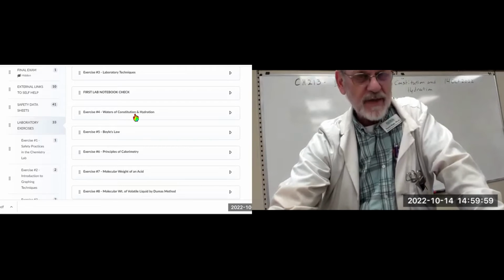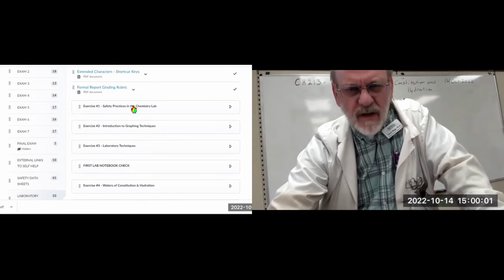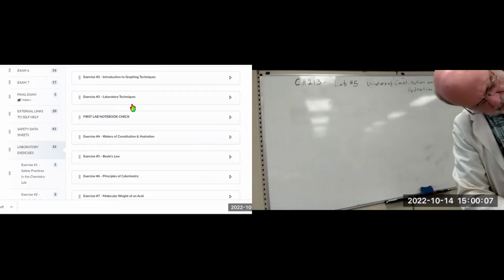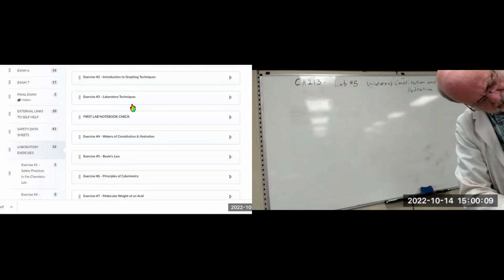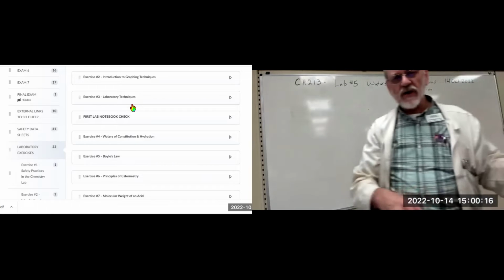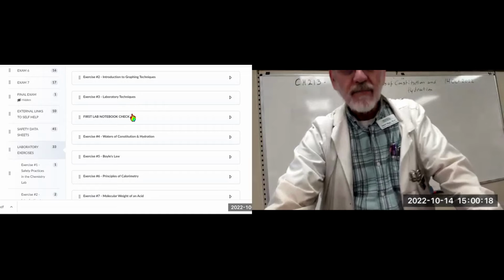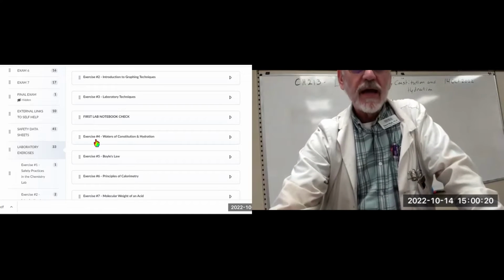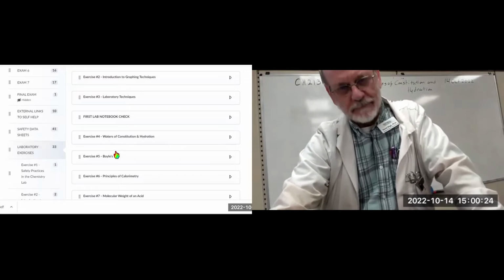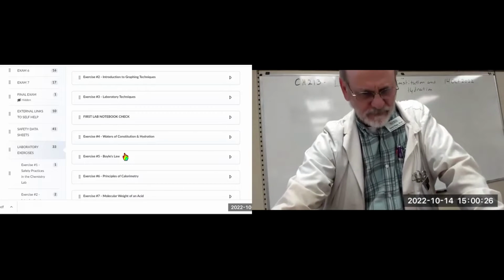It's lab number 4, but I think I didn't consider, well, there's safety, graphing techniques, lab techniques. Oh, Boyle's law. Okay, Boyle's law is out of order, right? So that means that Boyle's law was 4, and the one we're doing next is 5. Okay, that's why. I got them out of order.